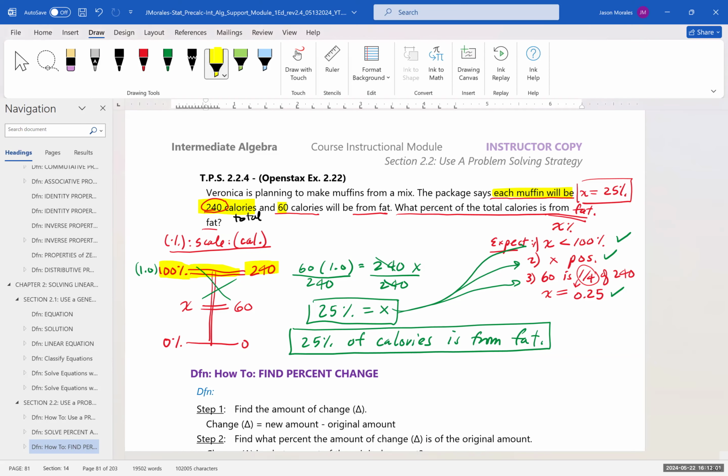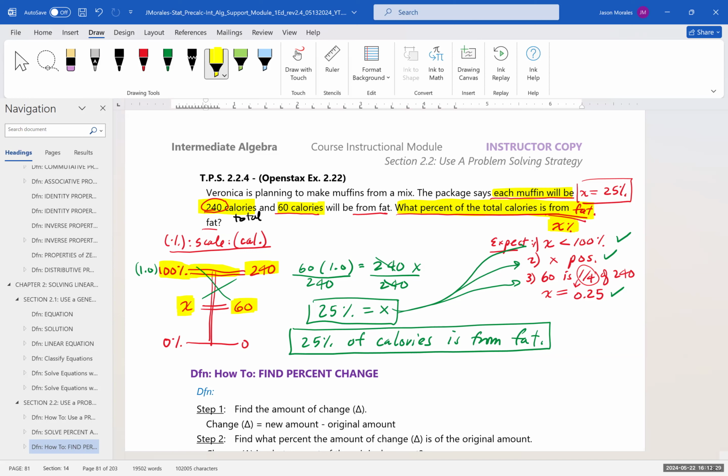Then it says that 60 calories comes from fat. So 60 calories here, and we don't know what percentage that would be. The following sentence says, what percent of the total calories is from fat? So the percentage of calories from fat is going to be x percent. That's what we're trying to find.